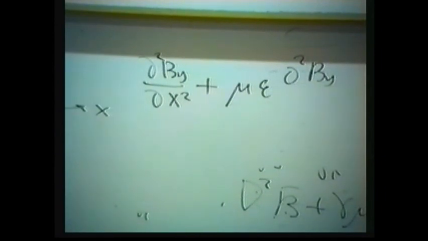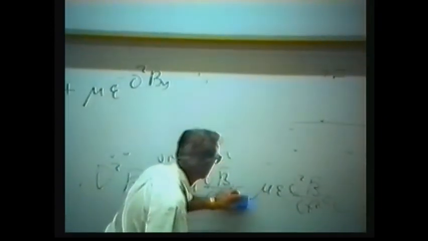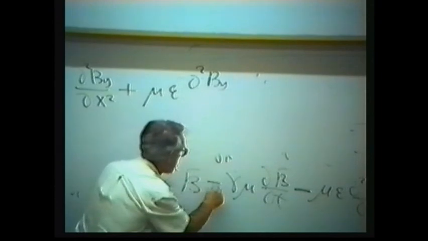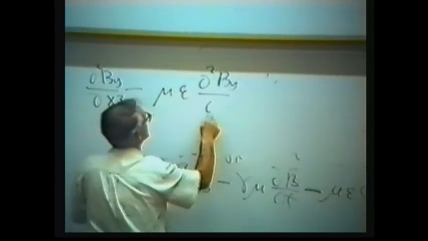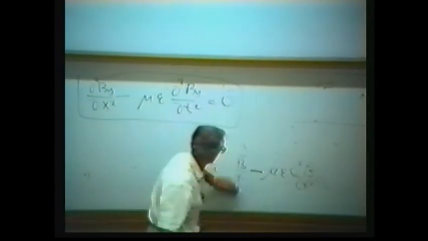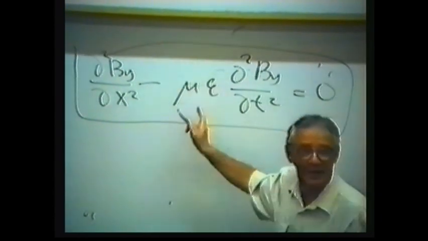Seconds, I think I made a mistake. Yes, of course I made a mistake. I'm sorry. Here minus. My God. Minus, and I hope here also minus. Yes, please correct. I'm sorry, everywhere minus. Here, minus mu epsilon d²By/dt² equals 0. Please, where plus put minus. I mechanically put plus. So what happens with our D'Alembert equation?